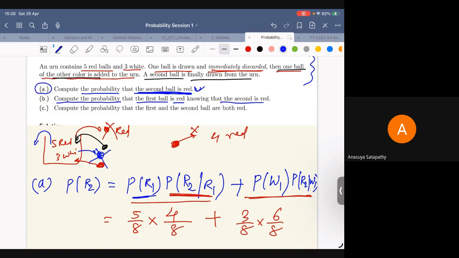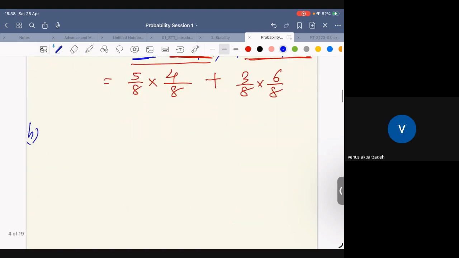So the probability is for the first one, but the given condition is the second one. So can I write P of R1 given R2, that the second ball is red? The probability of getting the first ball as red, given the condition that the second ball is red.